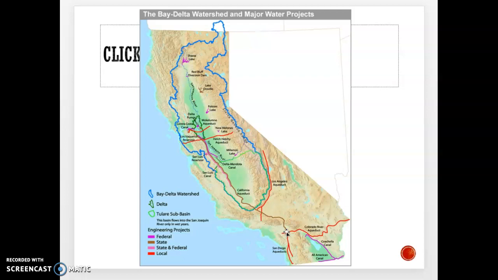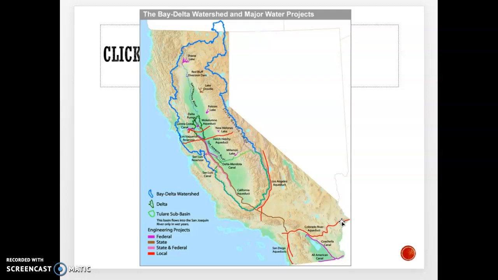The other interesting piece that I want you to see here is the Colorado River Aqueduct. So this is an aqueduct that also helps to provide water to Southern California. And this aqueduct is taking water from the Colorado River, which is also contentious and hotly debated.